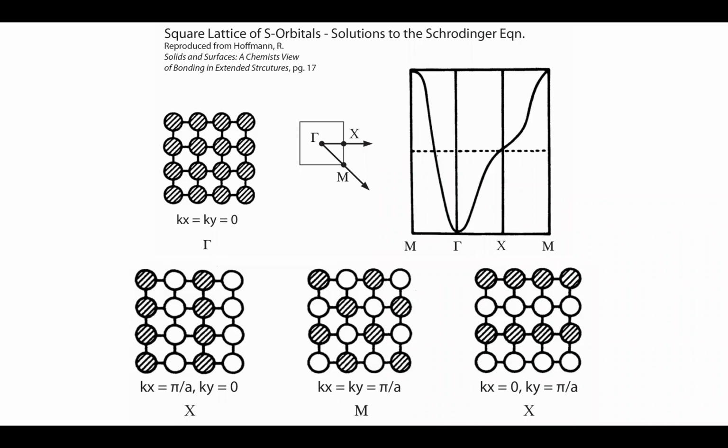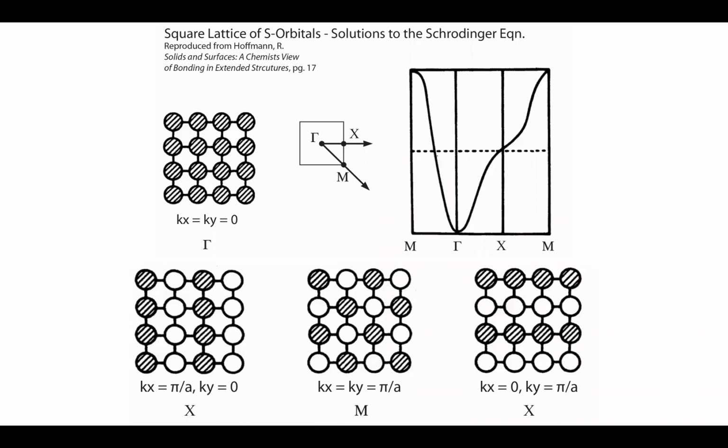Here's one where they're both pi over A, changing sign in both directions. And here's the other case where Kx is 0 and Ky is pi over A. So this M point in this lattice here, it actually refers to the orientation of the wave.